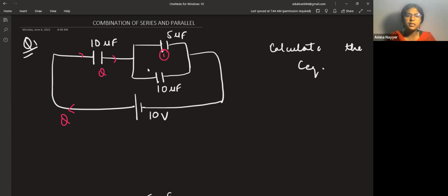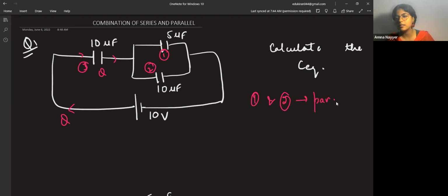This is 1, this is 2, this is 3. 1 and 2 are connected in parallel. And in capacitors, for the parallel combination, we simply add. So C12 will be C1 plus C2, that is 5 plus 10, which is 15 microfarad.